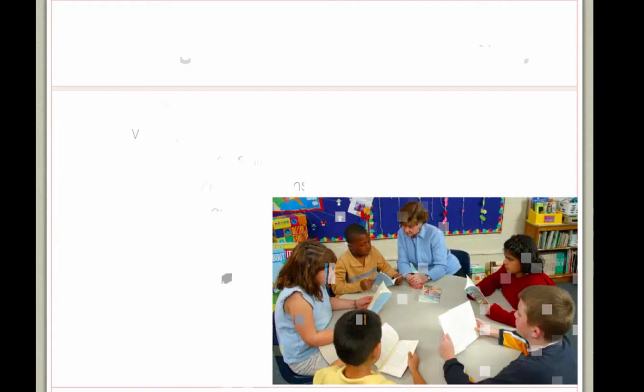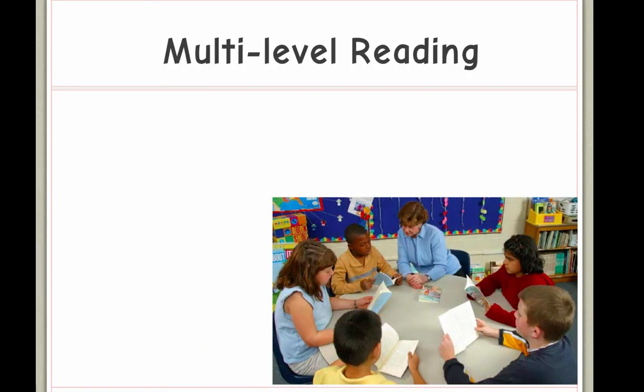A really important part of differentiation, in my opinion, is providing multi-leveled reading for students. Traditionally, there was one text for all classes. We called it a basal reader in schools. So all the reading that everyone participated in was in one book, and every student was expected to read the same book.